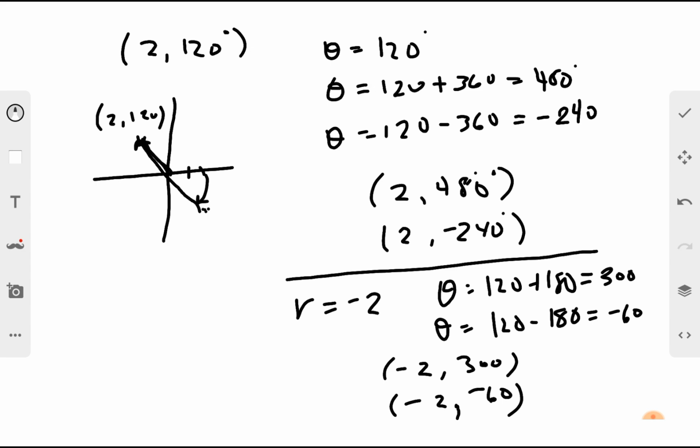Okay, so that's how you find the equal coordinates. You add or subtract 360 or 2 pi to get the coterminal angle, same radius, and you add or subtract 180 or pi to get the angles that go with the negative radius.